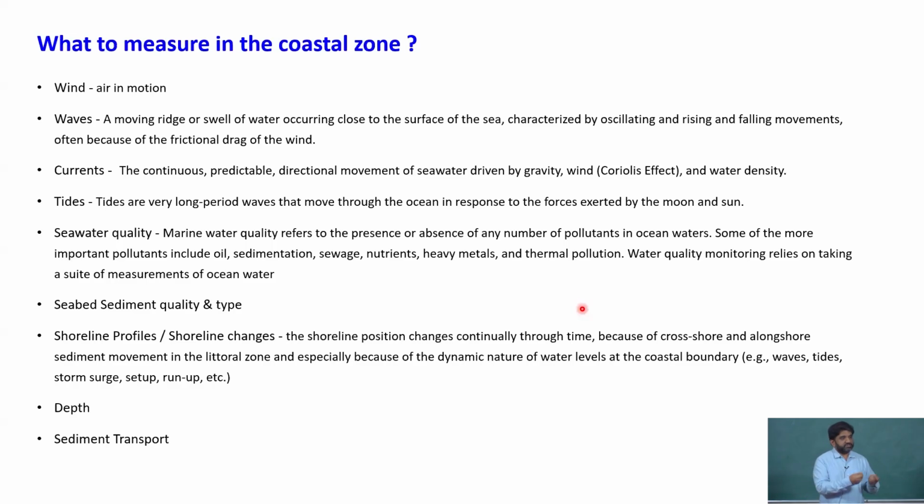We can also measure the water quality, which is a very important factor when we are talking about utilizing that coastal zone for some particular purpose, for withdrawing water or letting off effluent. We can also study the seabed, what is the type, we can collect samples. Similarly, we can also measure the shoreline profiles, how the shoreline is going. So, all these from visual, we have moved one step further to make ways of measuring these things.